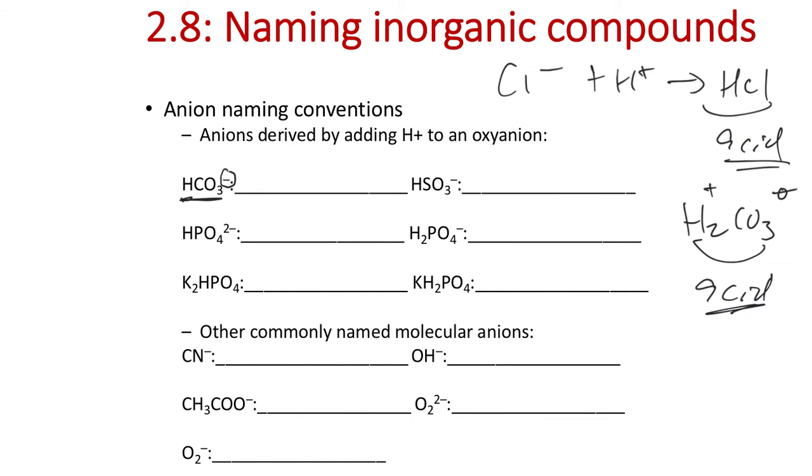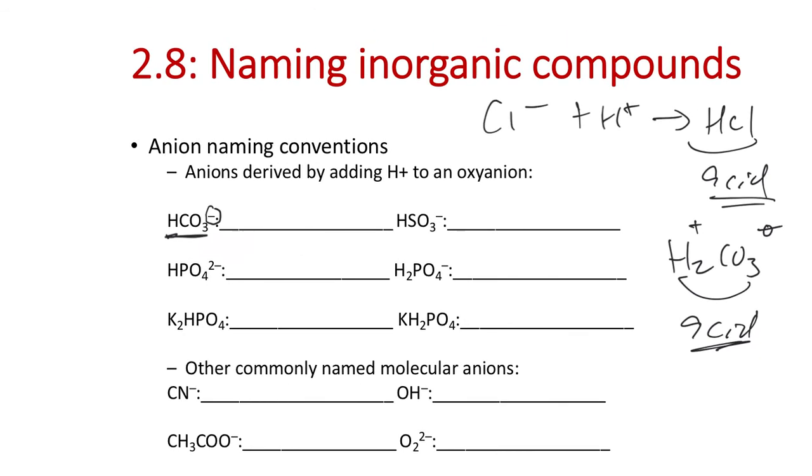So we're going to go back to that carbonate ion and name HCO3- still for being that negative ion. So we're still going to have carbonate as part of our base name, because we're adding that H+ ion onto the carbonate formula. So we've added 1 H+ onto the CO3 2- formula. That's why the charge is now minus instead of 2 minus. And so we just add the name hydrogen out in front.